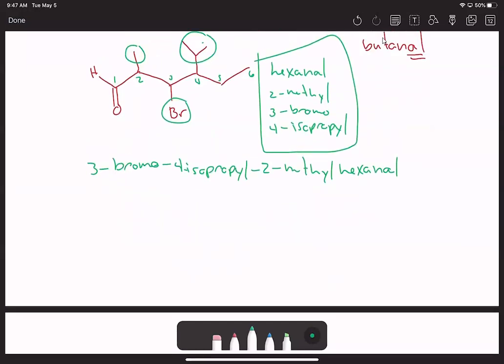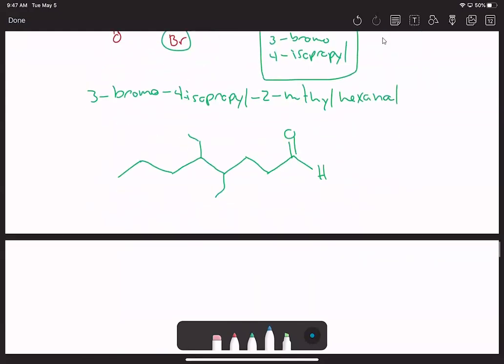Now ones that aren't so complex but still have branches. Hydrogen here. Let's put 2 ethyls on. All right. Well, we know where carbon 1 is. That's wherever the carbonyl is at for an aldehyde.